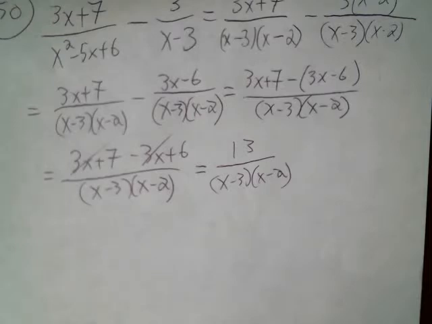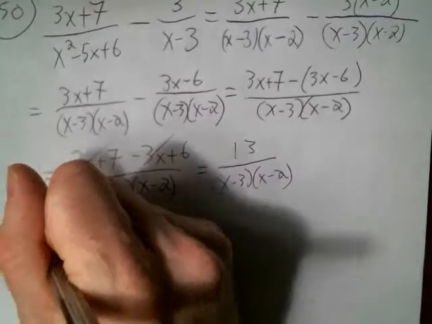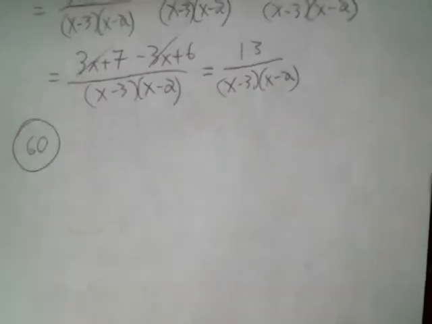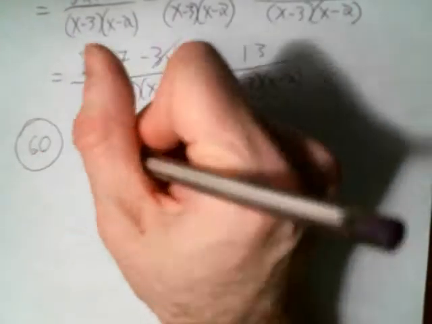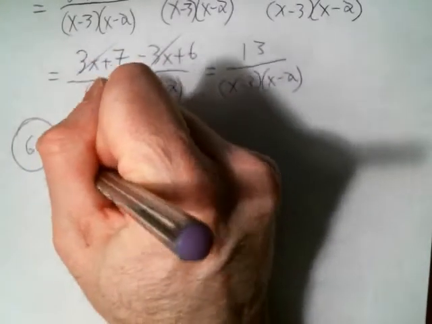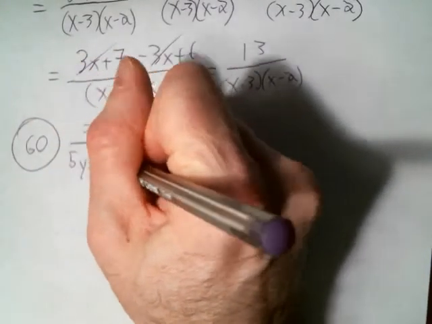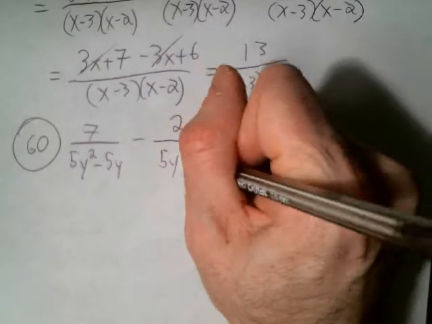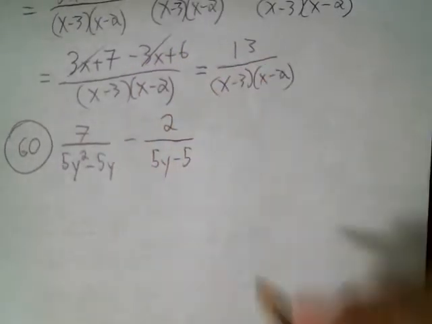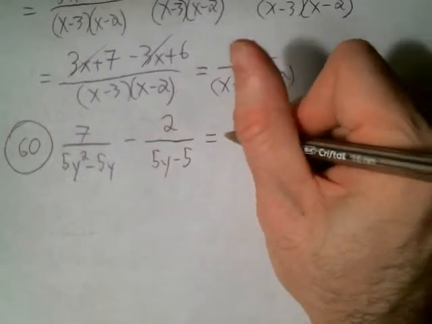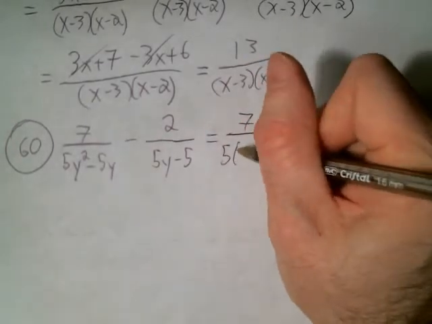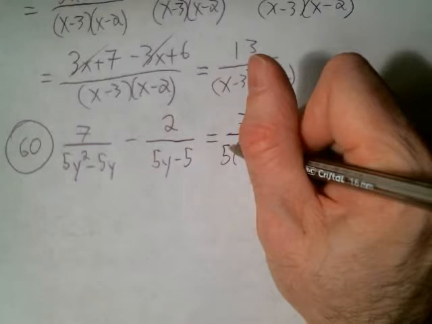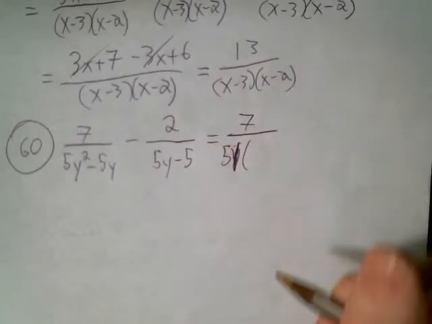Looks like we have 5 more to go. Let's look at number 60. There is an end to the marathon eventually, but it's going to be a bit. Okay, so I need to factor the denominators. Oops, you can pull out a 5y from the first one.